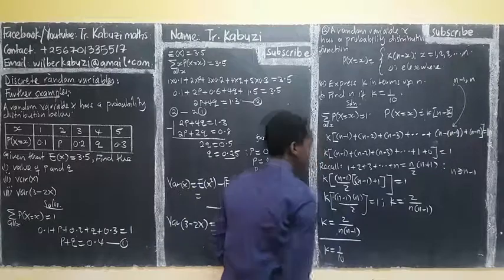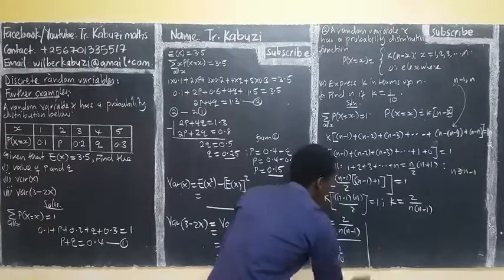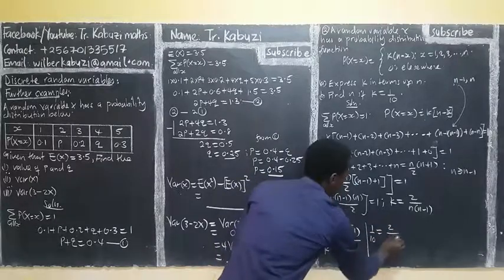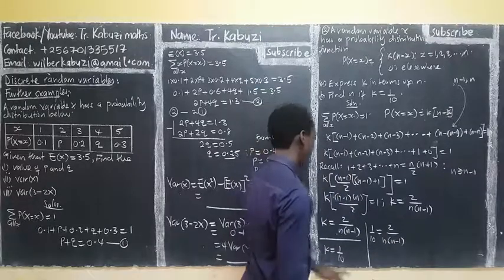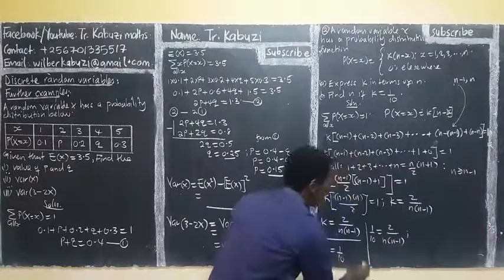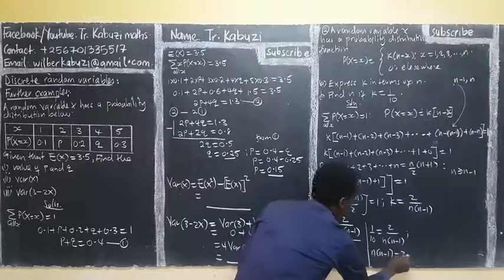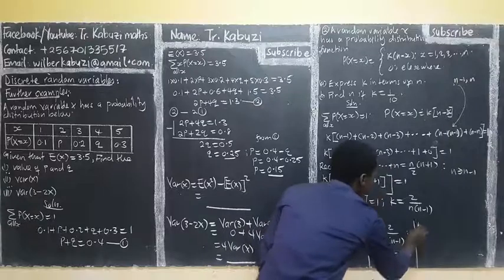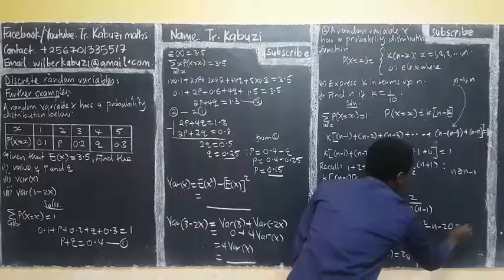It implies that now I have 1 over 10 equal to 2 over n(n minus 1). Cross multiplying, I have n into (n minus 1) equal to 20, which will be n squared minus n minus 20 equal to 0.